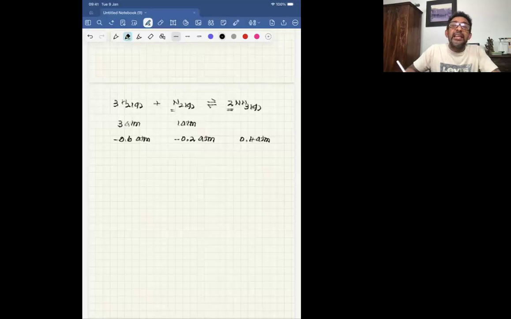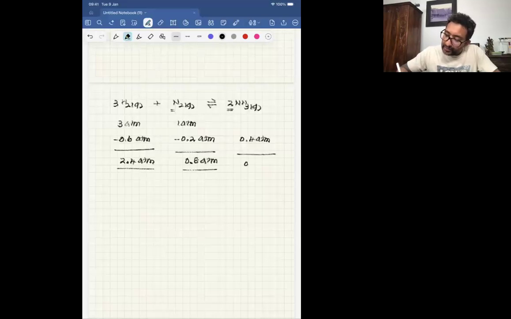So at equilibrium this is 2.4 atm, this is 0.8 atm, and this is 0.4 atm.